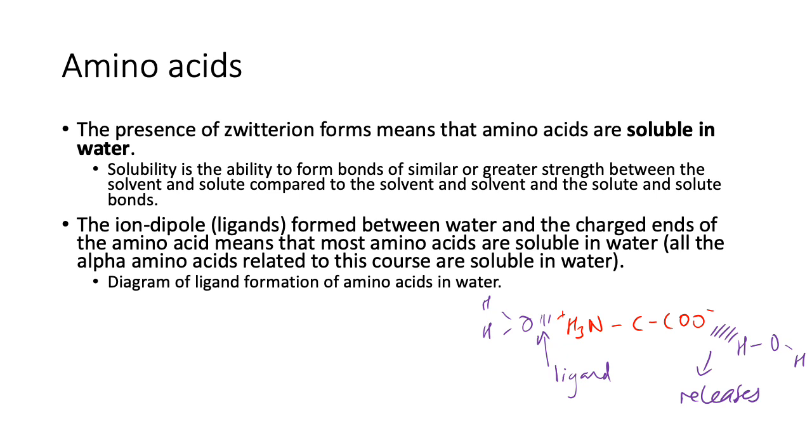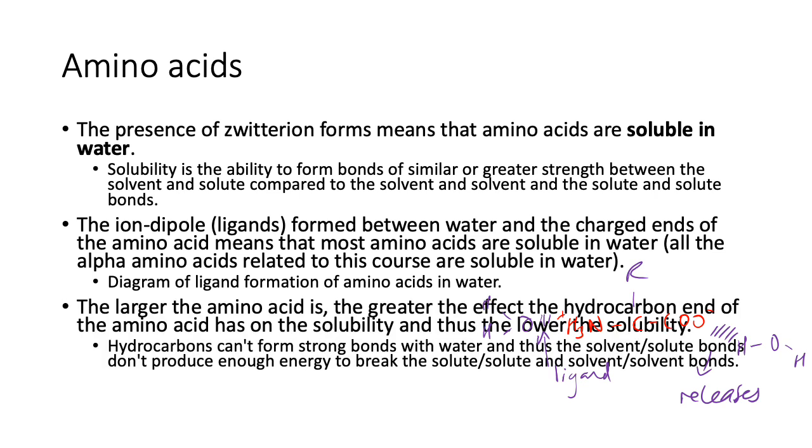release enough energy to break the bonds between amino acids themselves and the water particles themselves. All right, so the ligands will form with the two ends of the amino acid, the amine and the carboxylic acid, as well as anything in the R group that happens to be charged as well. But that ligand formation is important to remember. The larger the amino acid is, the greater the effect of the hydrocarbon end.